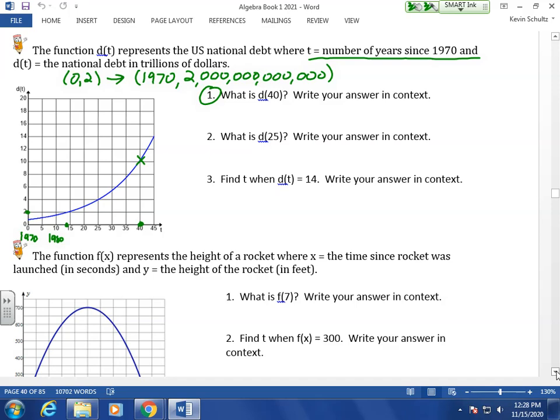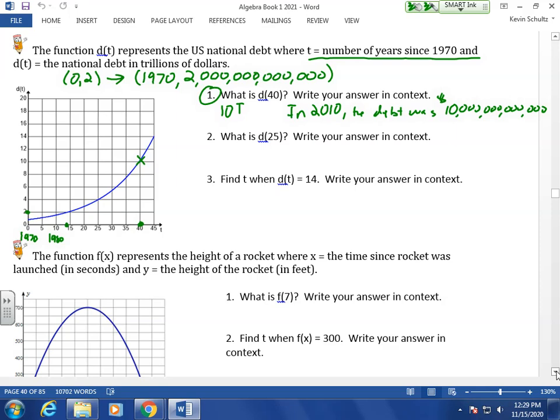So what is d of 40? 10 trillion. In context, this means that in 2010, 40 years from 1970, the debt was $10 trillion. That's what that point tells us.